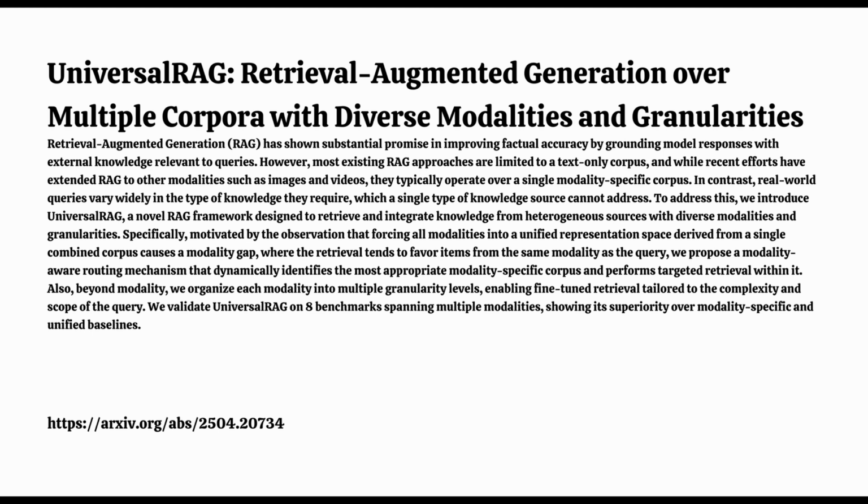So UniversalRAG organizes content within each modality at these different levels. It does. Text is broken down into paragraphs and documents. Video into clips and full videos. Images usually stay as single units. So the router isn't just picking text, image, or video. It's potentially picking paragraph or document, clip, or video. That's right.